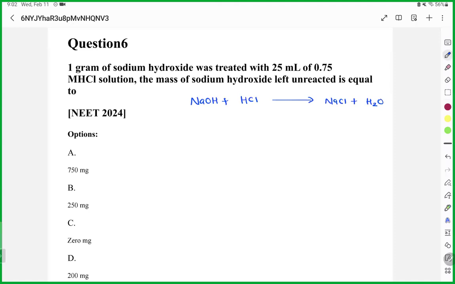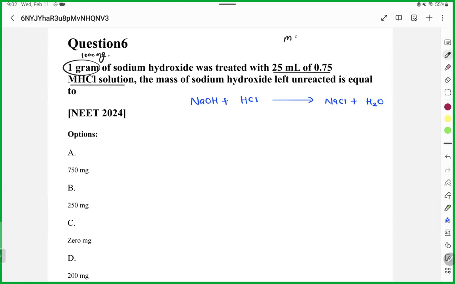It's 1:1. 1 gram is equal to 1000 mg. When 1000 mg reacts with 25 ml of 0.75 molar HCl, first you have to calculate the mass of HCl.